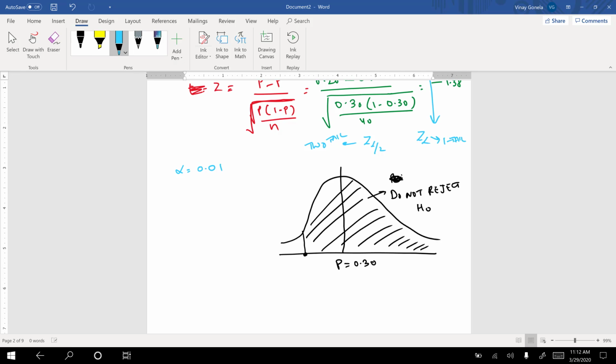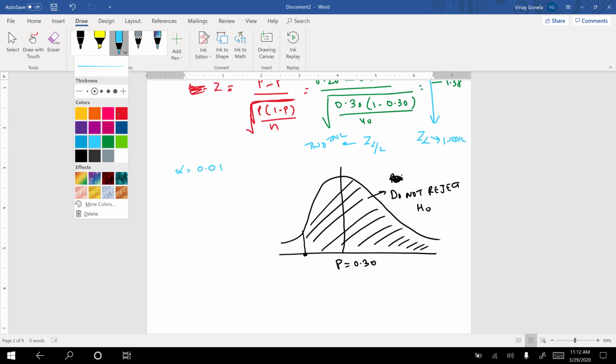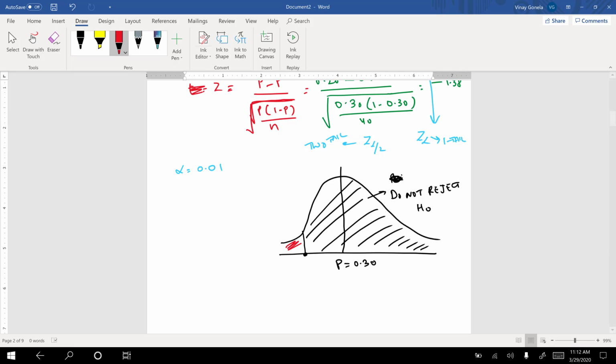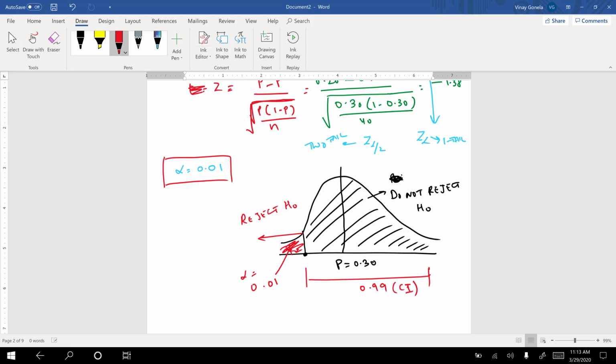And then we have this area where the president's claim is false, so reject H null. When we say alpha is 0.01, this is alpha, and this whole thing is 0.99, so this is a 99% confidence interval.